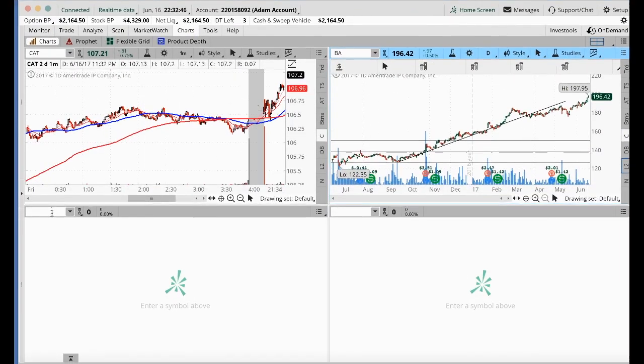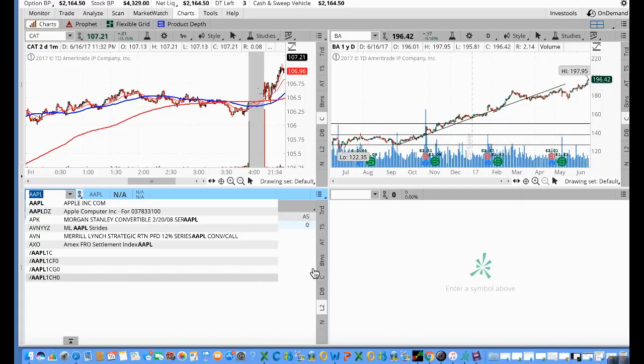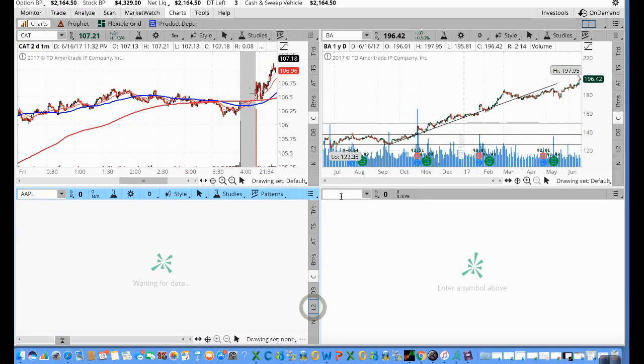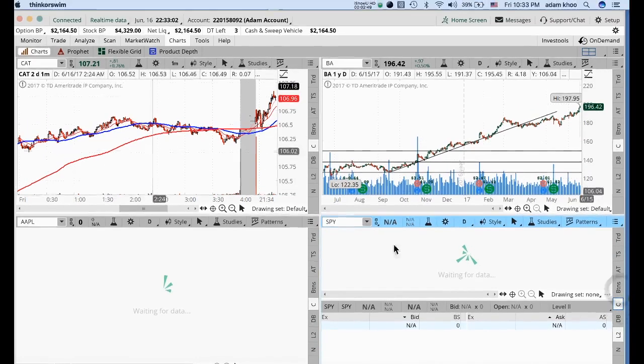I can look at Apple over here. Again, click C for charts. This allows you to look at more than one chart at a time.